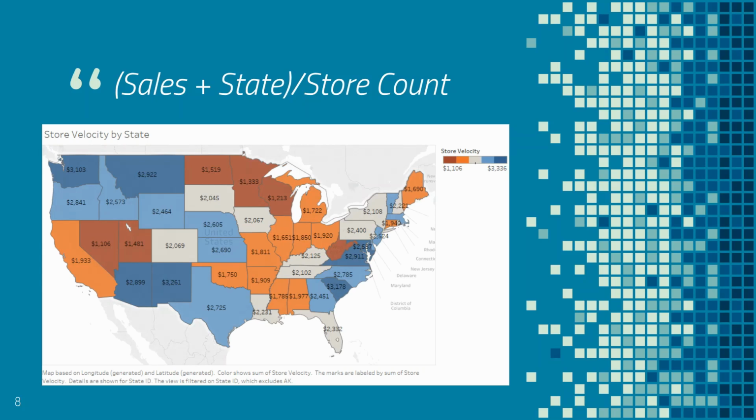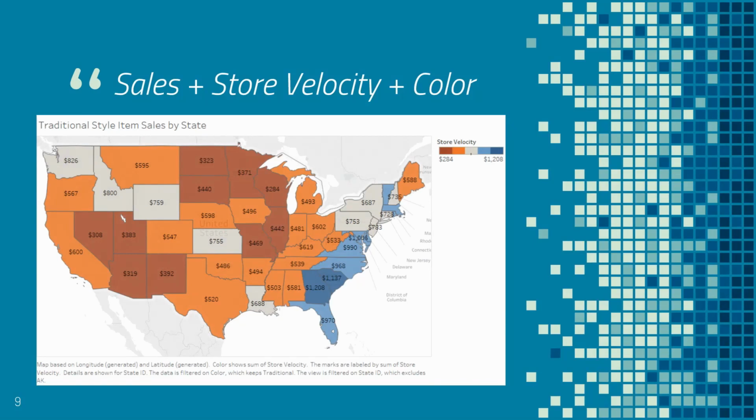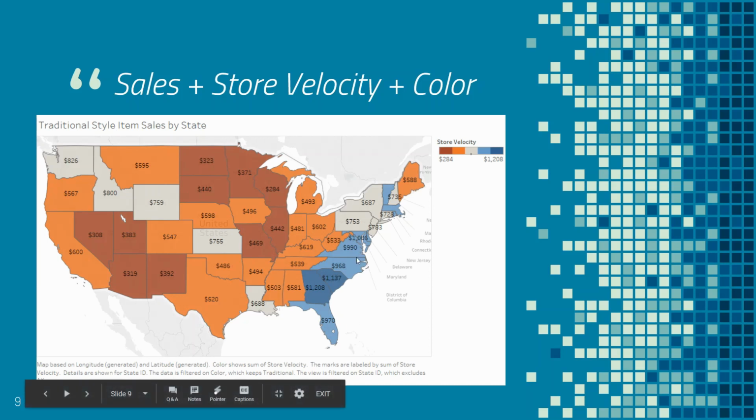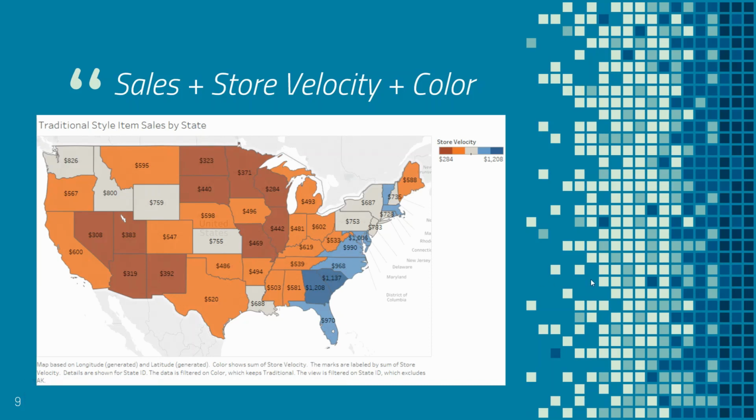But I would say take this a step further and make it even more specific. So now we're looking at sales by store velocity by color of item. And for this traditional style item, they're selling really well on the East Coast.